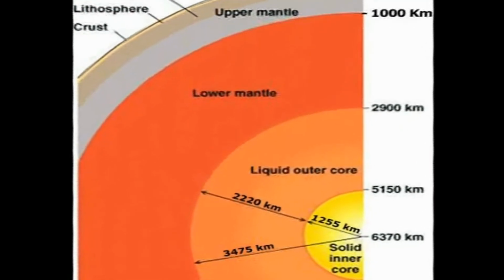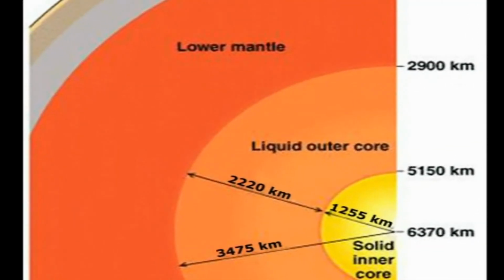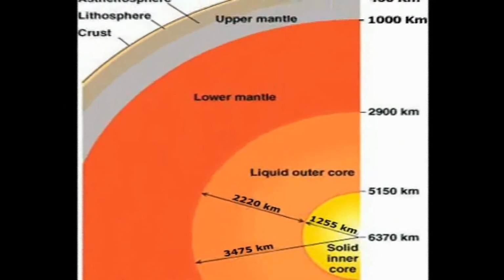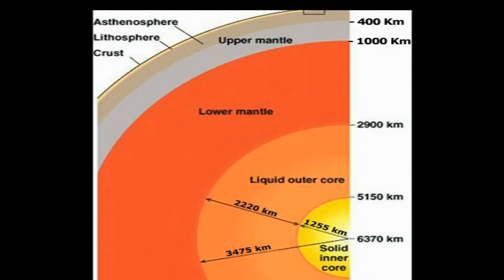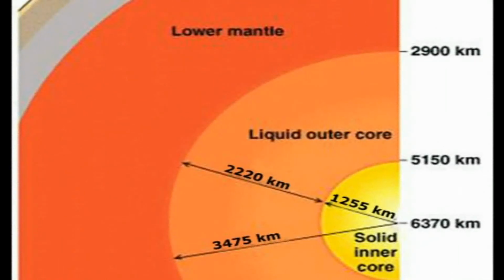Of the 6,370 kilometers of equatorial radius, which is also the straight line distance to the Earth's center, the core accounts for 3,475 kilometers, in which the solid inner core accounts for 1,255 kilometers and the supposedly liquid outer core accounts for 2,220 kilometers.